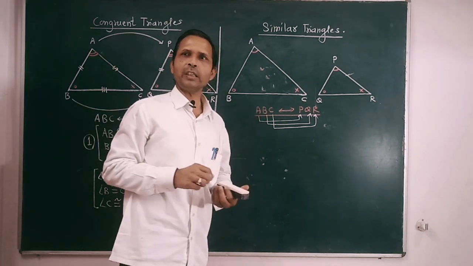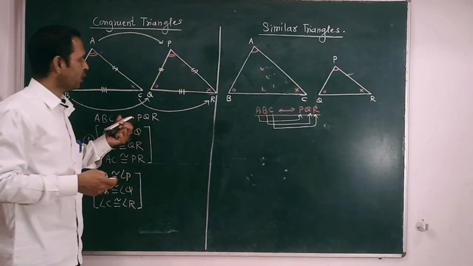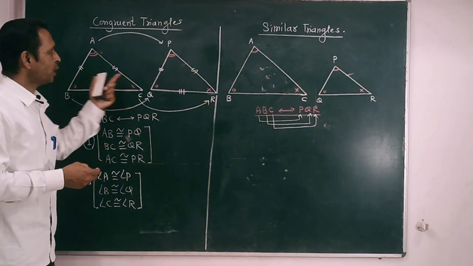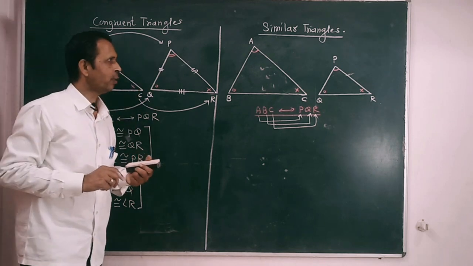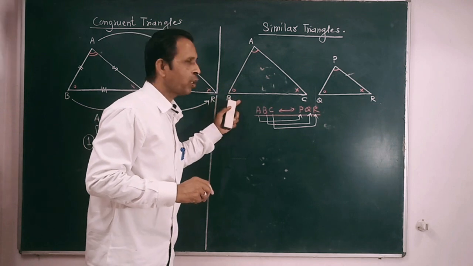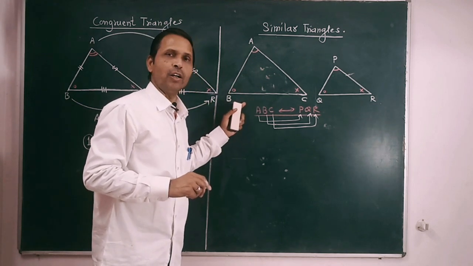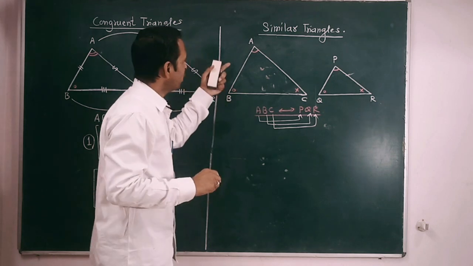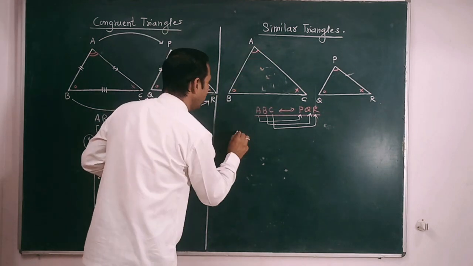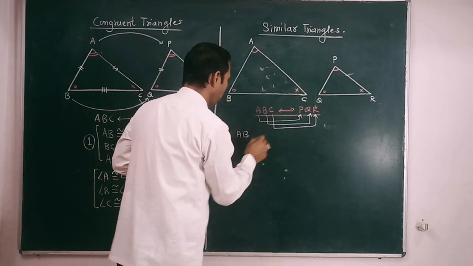But what about the lengths of the sides? In the congruence of triangles, the lengths of the corresponding sides are congruent. But here, the lengths of the corresponding sides of the triangles are in ratio. The corresponding side of AB is PQ.